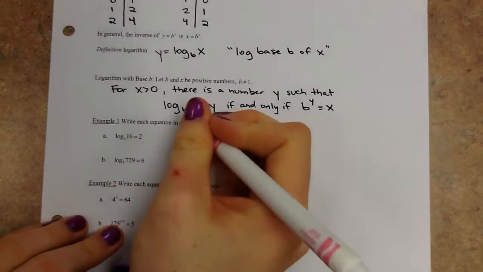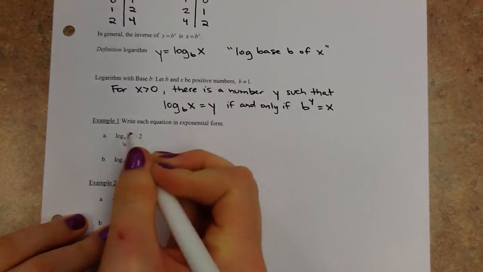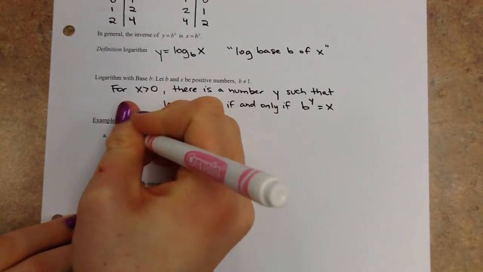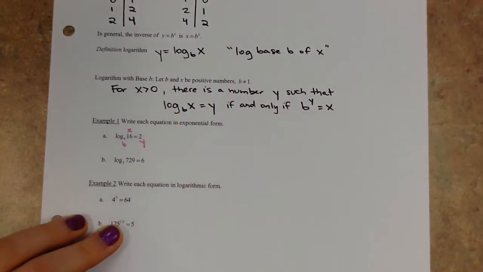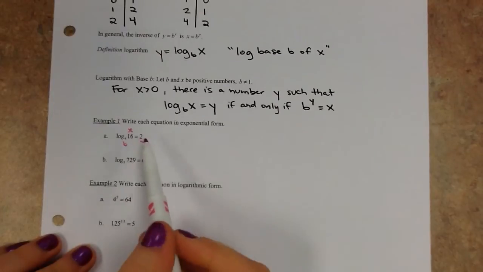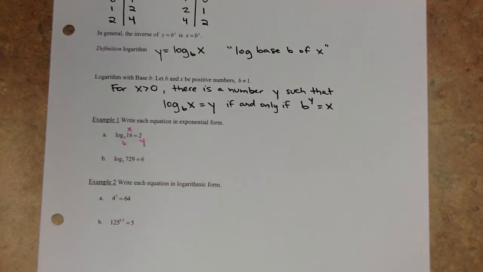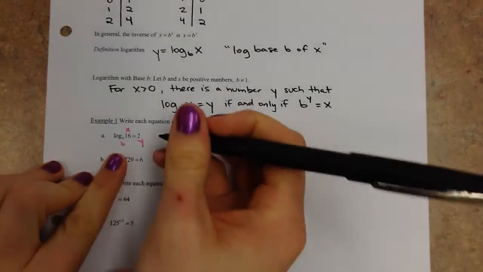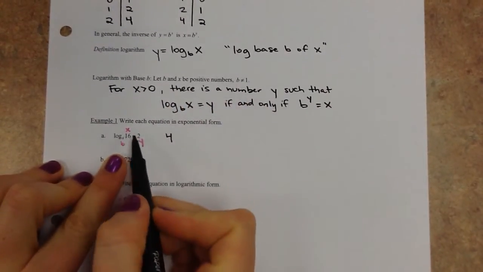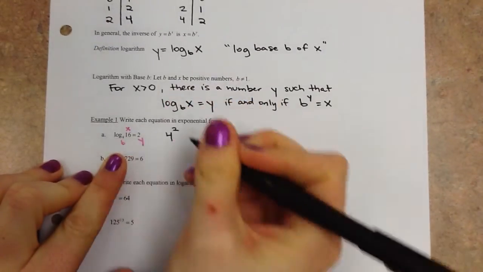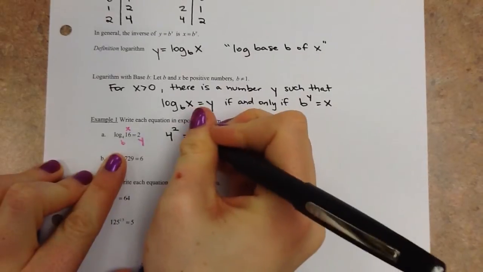So b is 4, 16 is the x, and 2 is the y. Okay, so we're going to use the b, the x, and the y and write it in this notation instead. We write it like this. B is 4. And then y right here is 2, so we use that as the exponent, and then equals x, so x is 16.